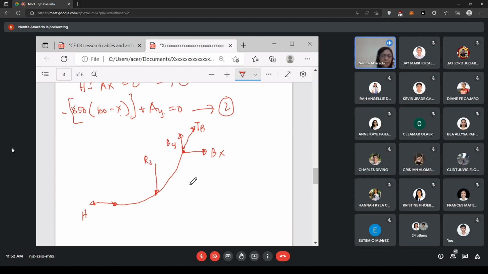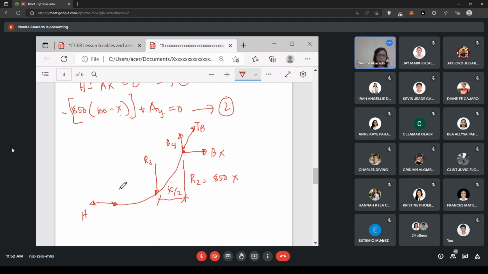What is our R2? R sub 2 is equal to 850 times X. And what is the distance here? That is X over 2. Similarly, we have X over 2 here.